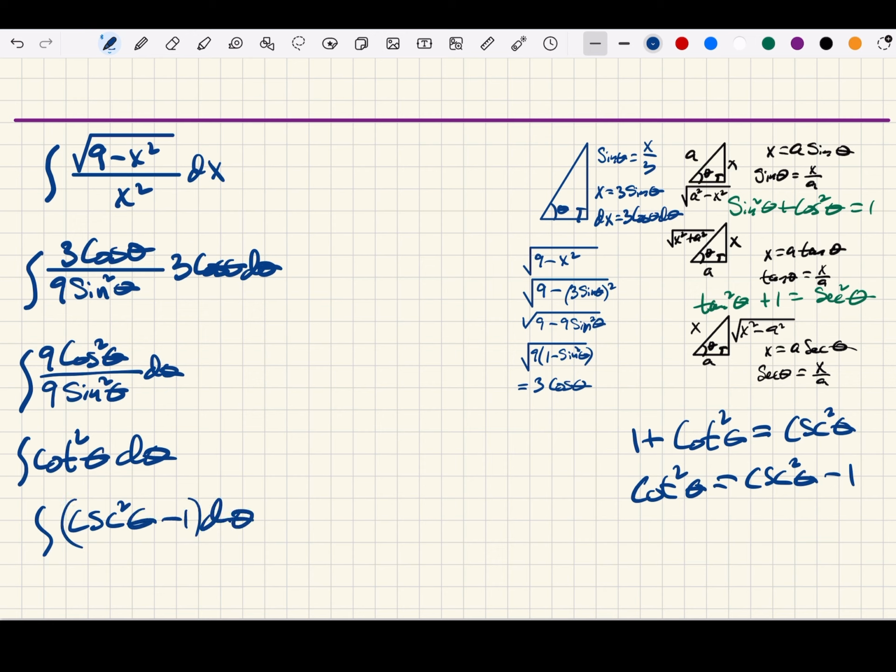Okay, now look up, please, the derivatives of your trig functions, or whatever you want to do. And what do you find about the relationship between cotangent and cosecant?